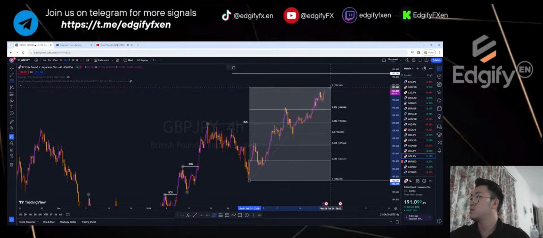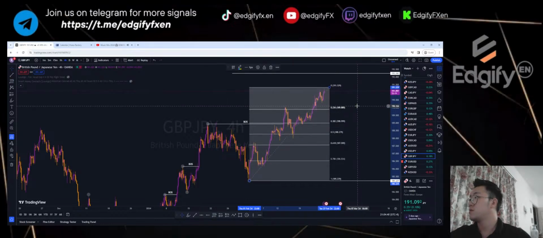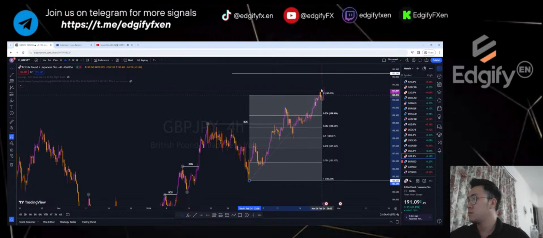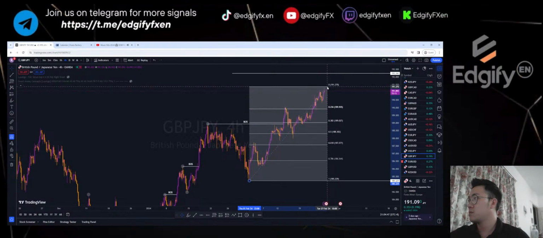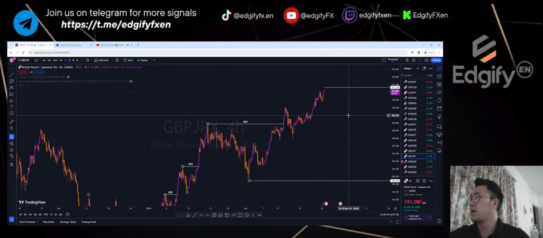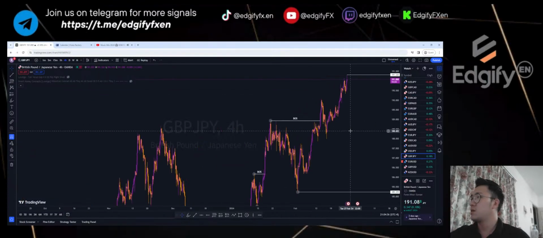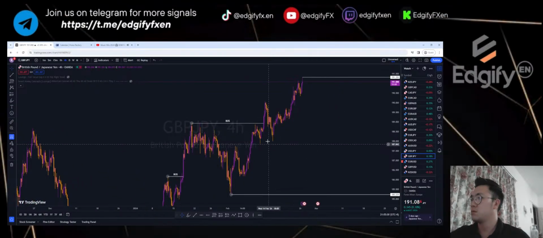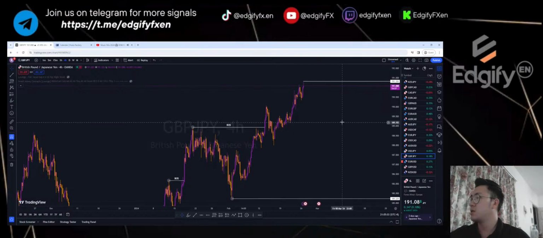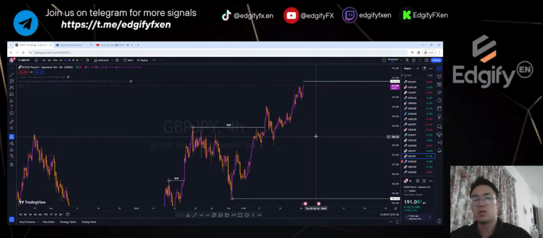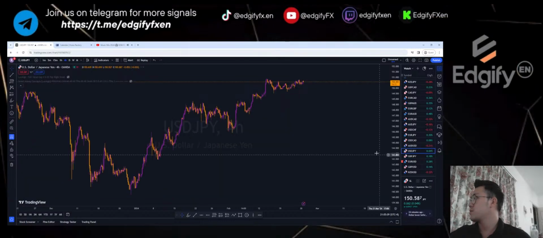We don't have a proper retracement as of now. Let's just assume this is the highest that we are in, so we want to look for some short possibilities. So for this GBP JPY, I'll hold on and wait a little while more to see how this is going to play out.